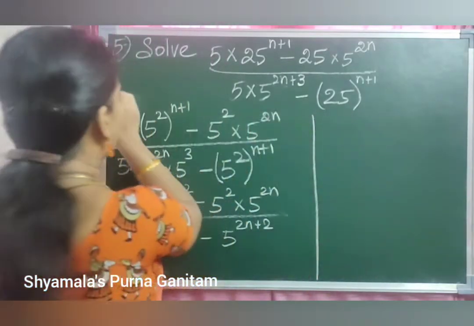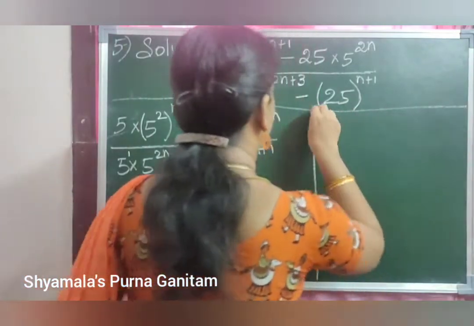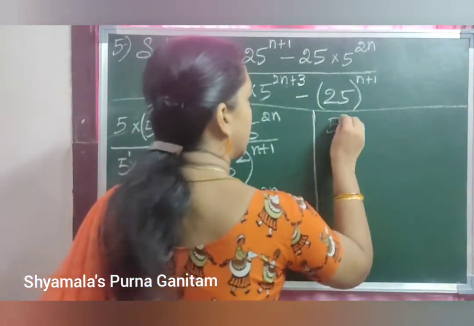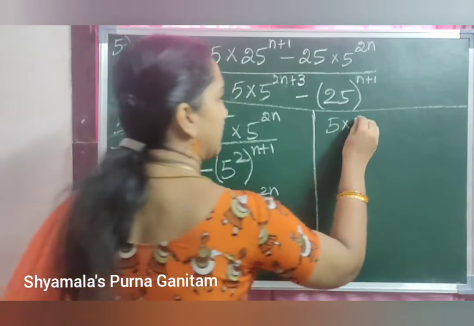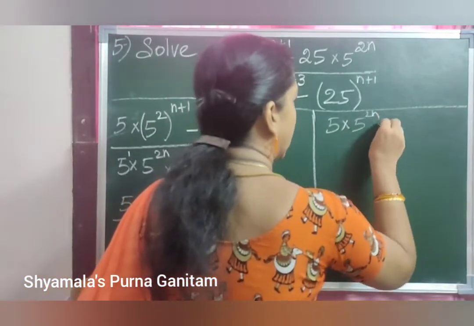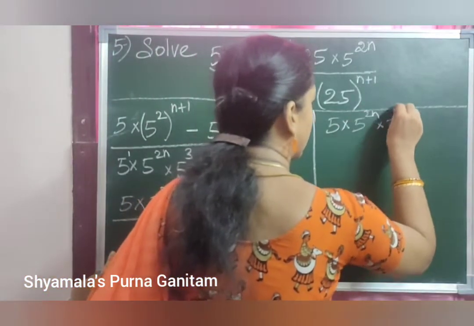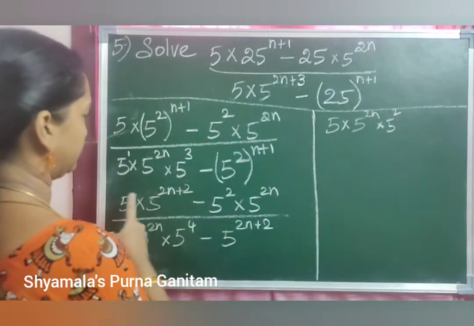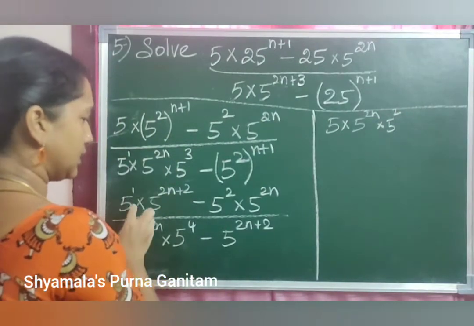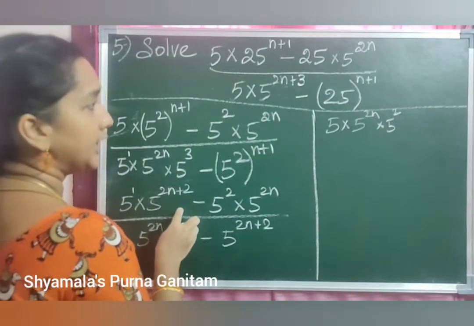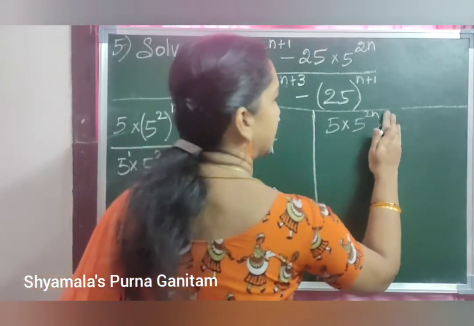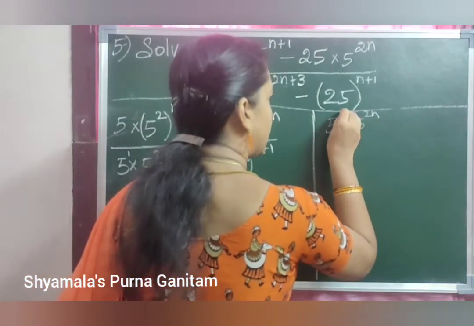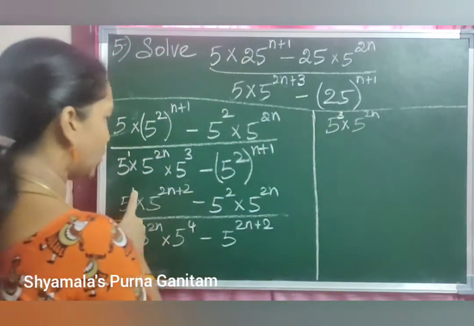When I am splitting that, 5 into 5 power 2n into 5 power 2. Here this is 5 power 1 into 5 power 2n into 5 power 2, so I am combining this and writing it as 5 power 3, that is 2 plus 1, 3.